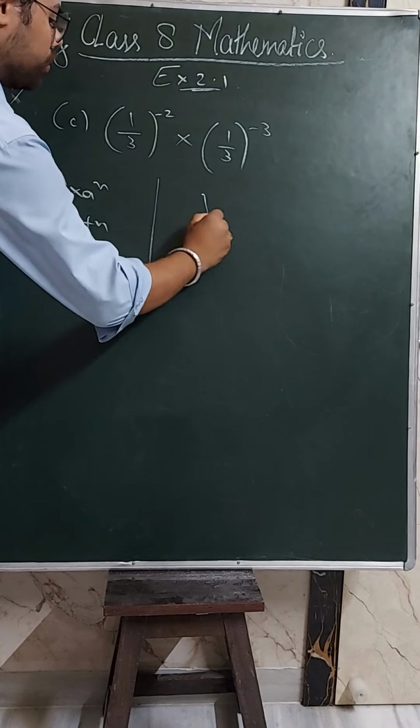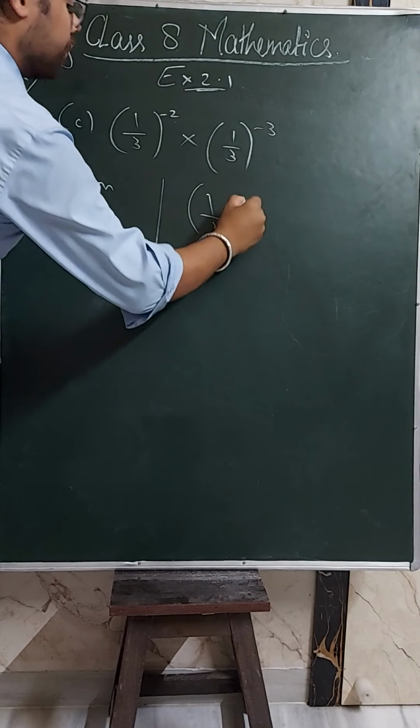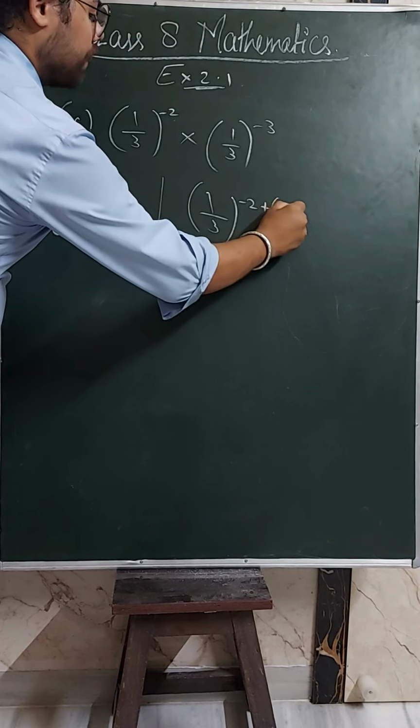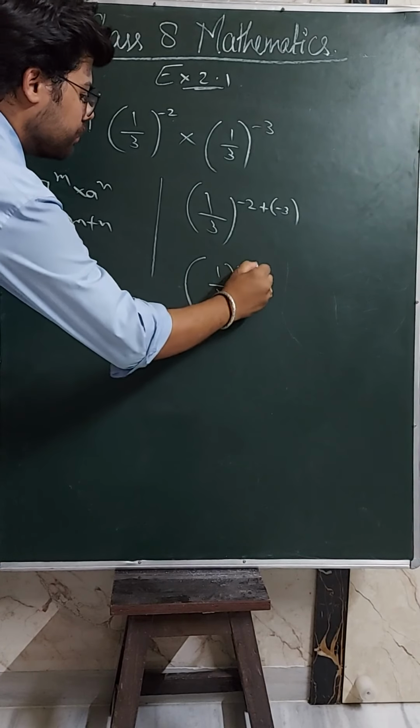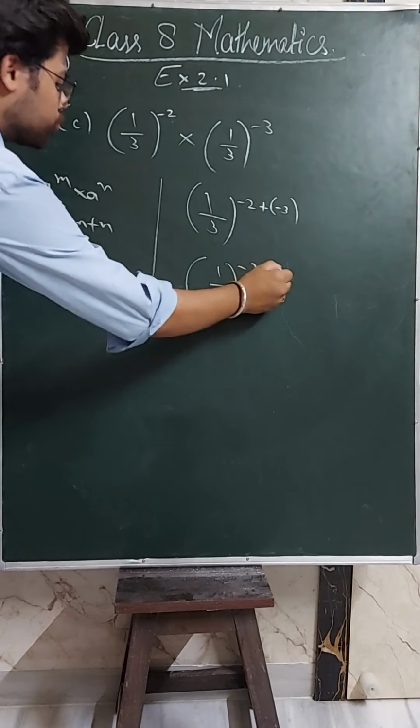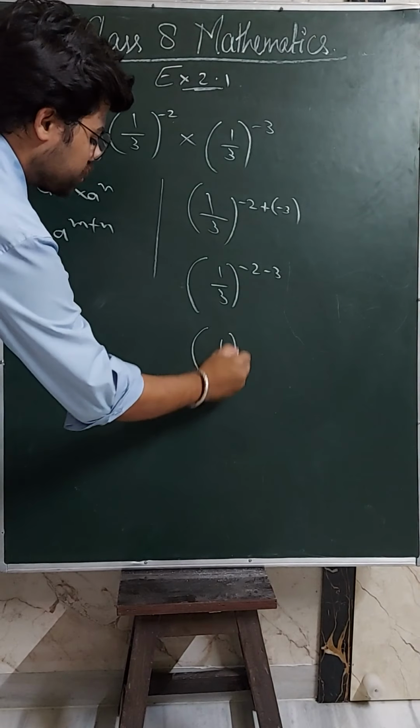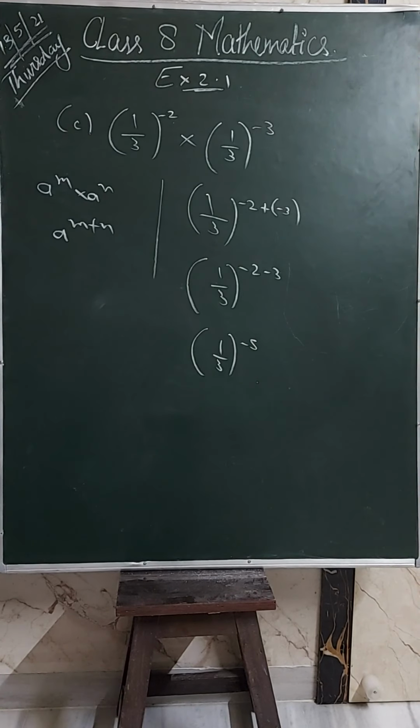So now 1 upon 3, the power will be minus 2 plus minus 3. Plus minus is what? It will be minus. Minus 2 and minus 3, the answer is minus 5. So 1 upon 3 power minus 5.